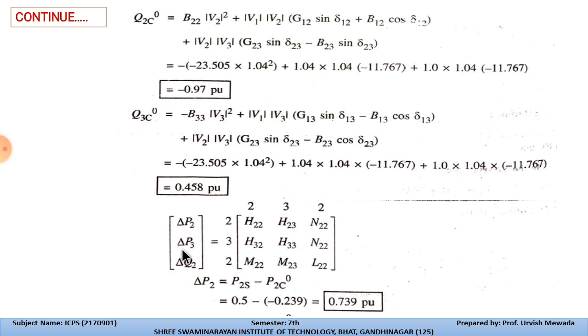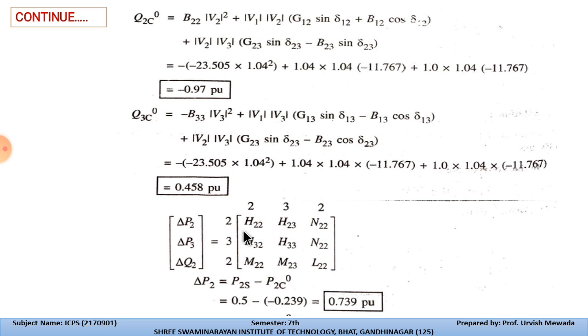So now we have the equation for delta p2, delta p3 and delta q2. The related parameters are h22, h23 and n22.